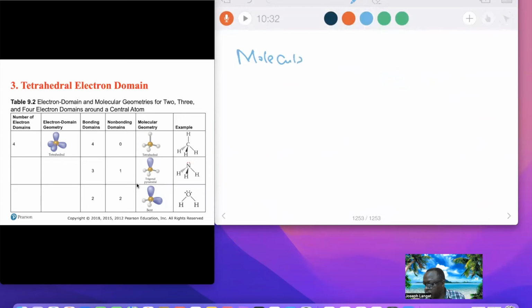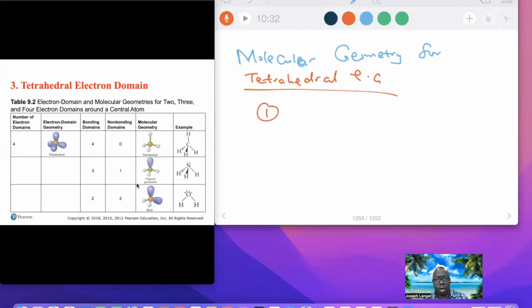So here we can have tetrahedral electron domain geometry. You can describe the molecular geometry as either tetrahedral, or it can be trigonal pyramidal.